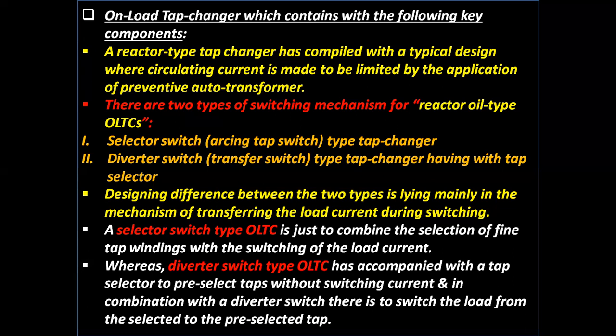A selector switch type OLTC combines the selection of fine tap windings with the switching of the load current, whereas a diverter switch type OLTC has a tap selector to pre-select taps without switching current, and in combination with a diverter switch, it switches the load from the selected to the pre-selected tap.